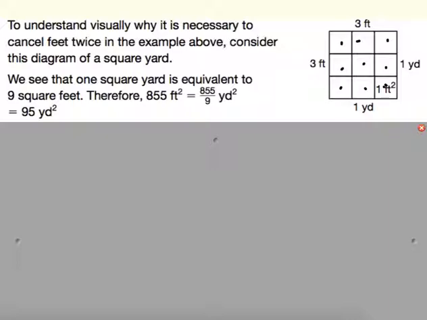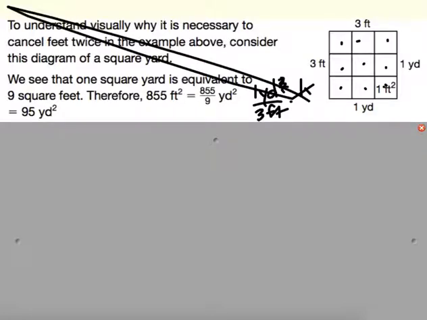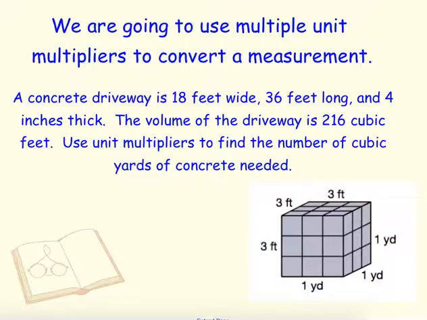And that's what happens when I do my 1 yard squared over 3 feet and 1 yard over 3 feet. I see that 1 yard squared is the same as 9 feet squared. So when we go to a couple dimensions, it doesn't work quite as nicely as just our normal 1 dimension.